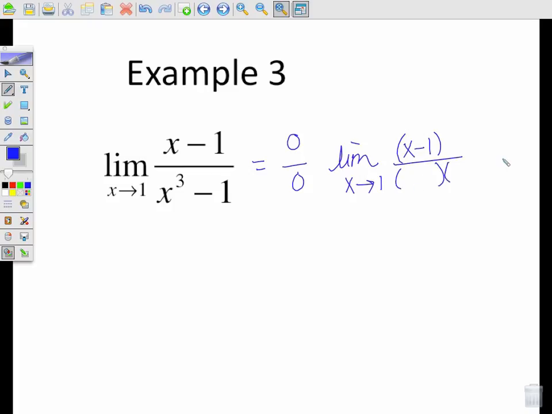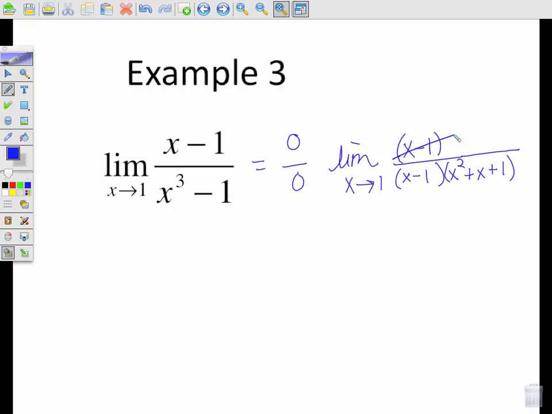To factor this difference of cubes, it is the cube root of each of those, x minus 1, and then we square the first, x squared. This is a factoring pattern we would have first been introduced to in Algebra 2, plus x, and plus 1.